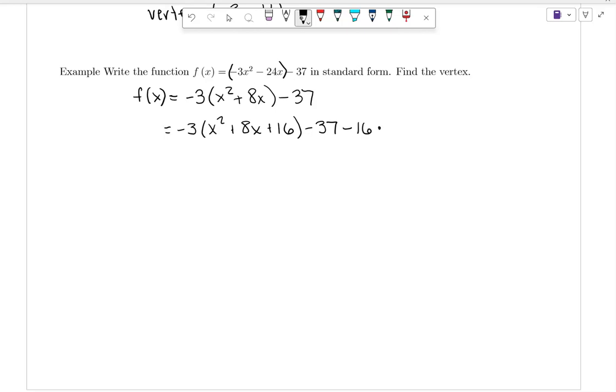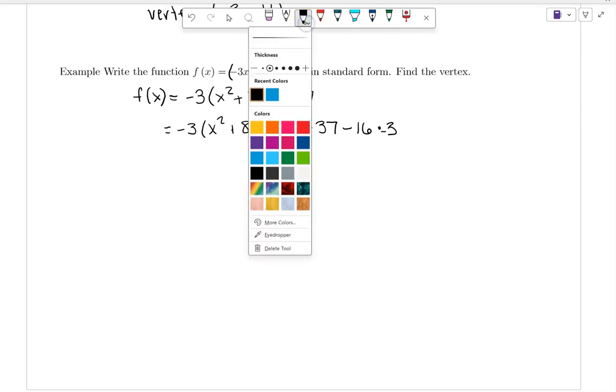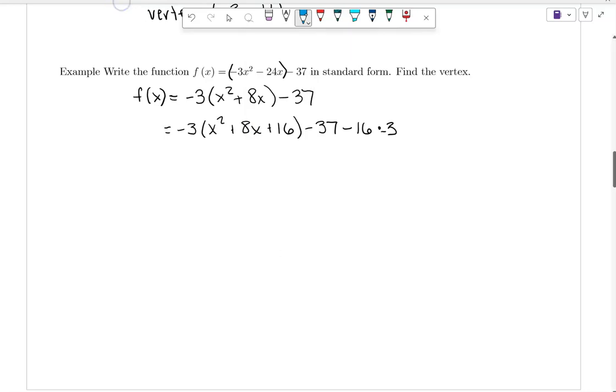Does everybody understand why we're doing the negative 16 times negative 3? It's okay if you don't. I can explain it. So let me get a different color up here. So the reason why we're doing this is because here we're adding a 16 and really you're multiplying it by 3.